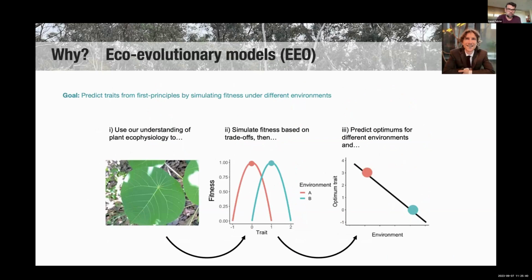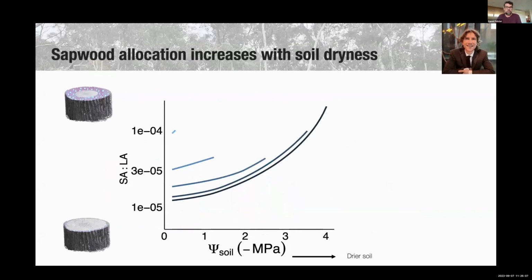Based on a model of plant ecophysiology, which will have some overlap with the ecophysiology in land surface models, we simulate how plants with hypothetical trait values would do in terms of some metric of fitness. We find the optimum for a particular environment, and we can plot that across the environmental gradient and compare it to data. Here's a couple of examples that Isaac's been working on.